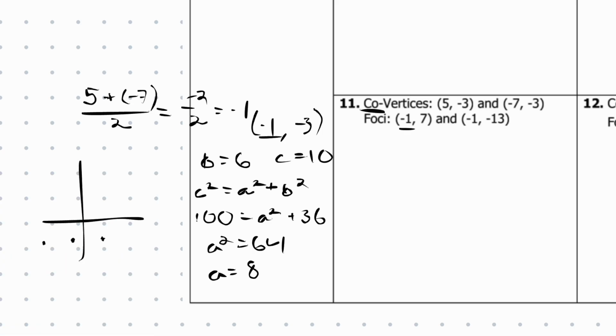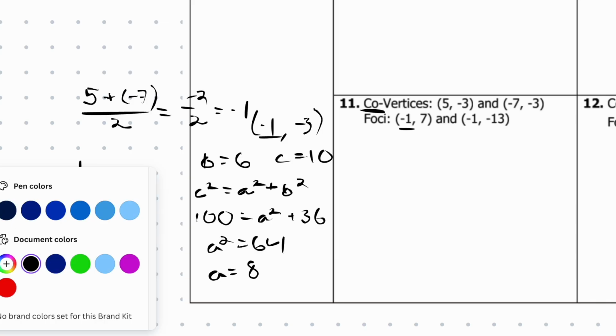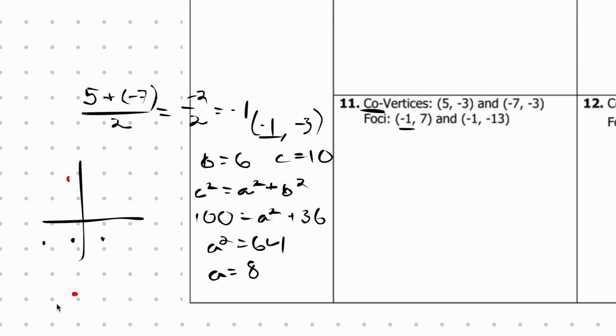Our foci are going to be -1, 7, so all the way up here, maybe. This isn't really drawn to scale. But essentially what this means, our foci are sort of inside the curves of our actual hyperbola. So we're going to have something that looks like this. So that's going to be a vertical hyperbola.